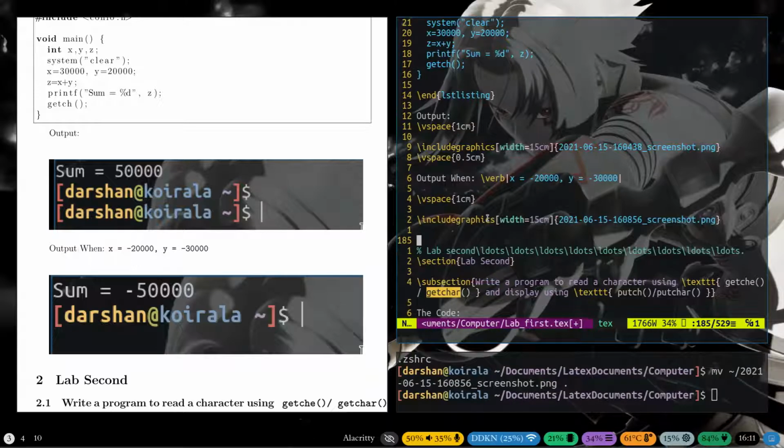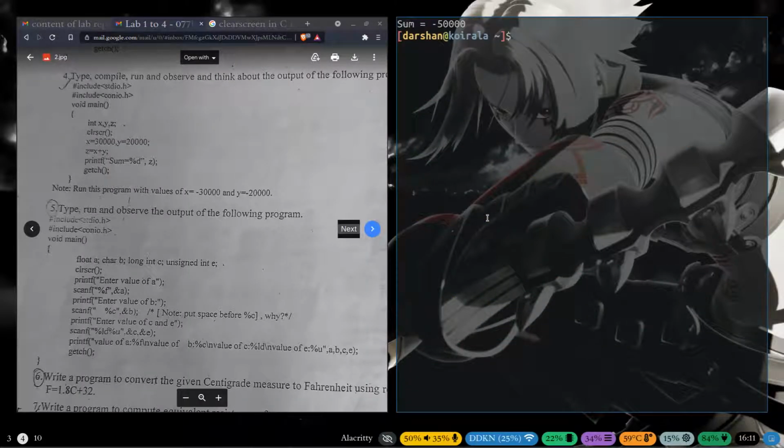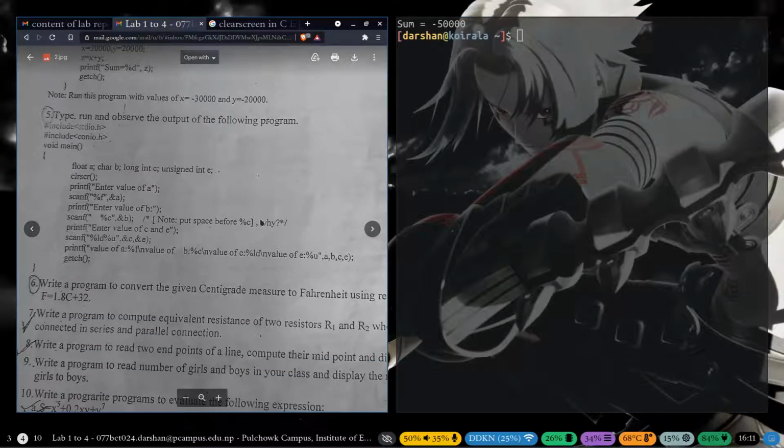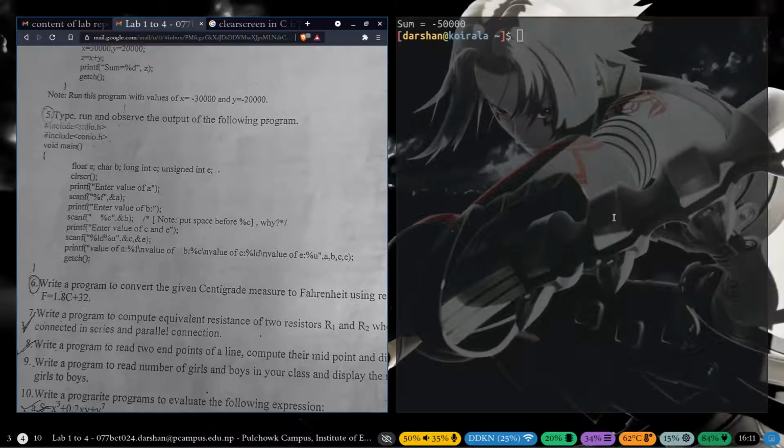So the other one is, let me write the questions first. So subsection. The other question is: run and observe the following output of the program.